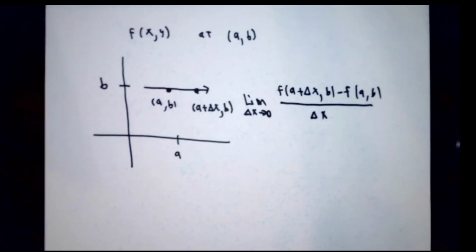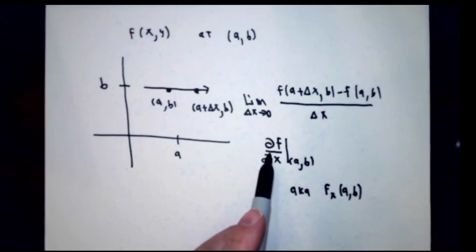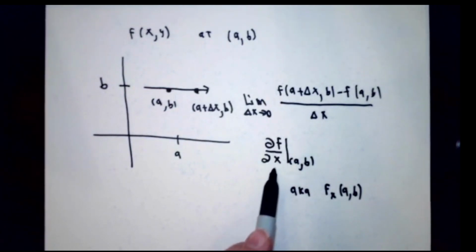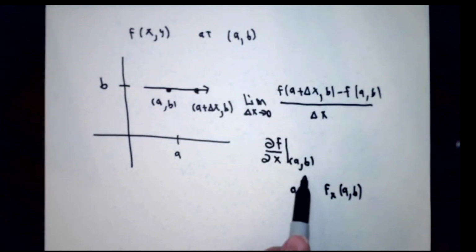Therefore, we'll introduce a notation that is similar to what we did in Calc 1, except to make the distinction between functions of 1 variable and functions of 2, we'll alter the notation slightly. We will write a curly d and pronounce this as the partial derivative of f with respect to x at point a, b.